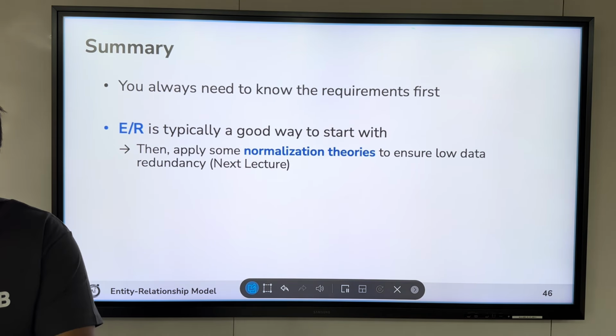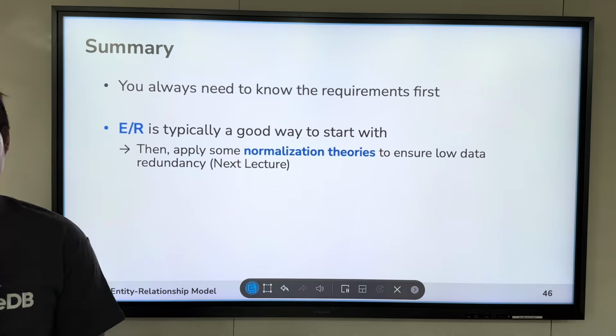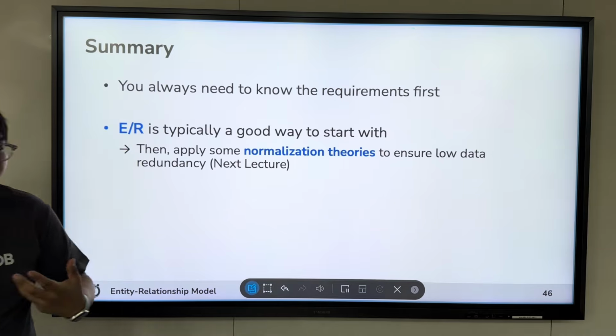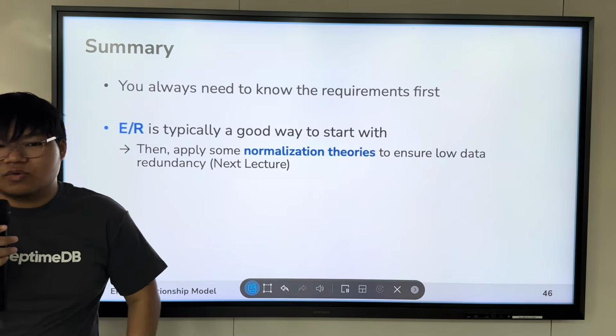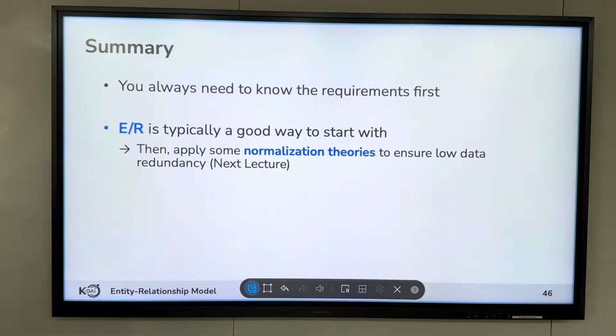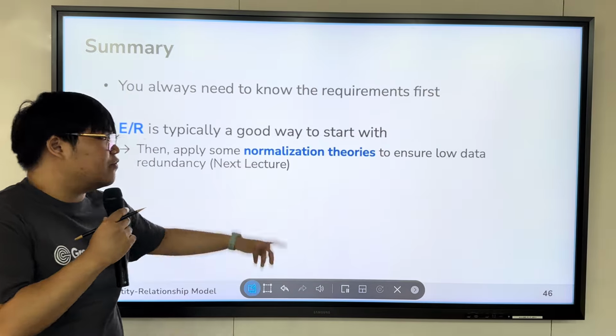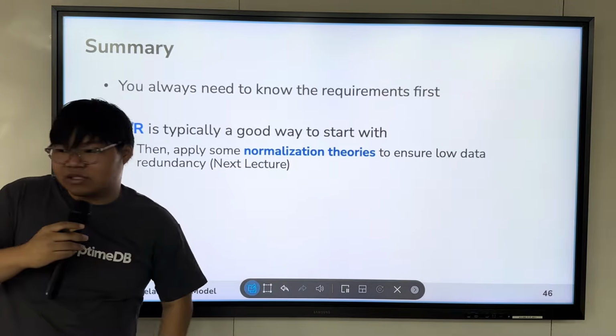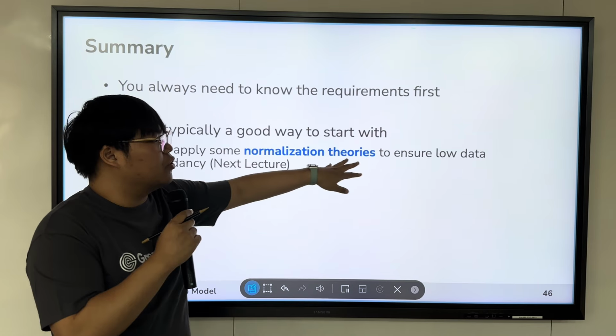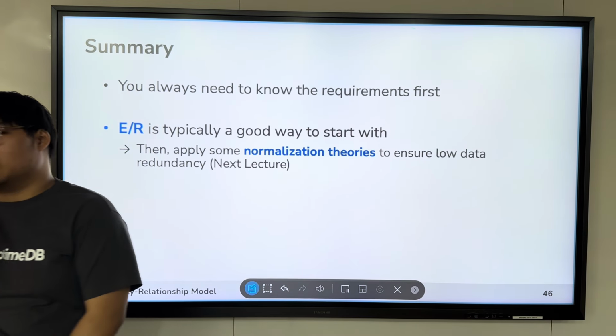Tomorrow, you will get to do it in action. And you will see, okay, this is what you should do, this is what you shouldn't do, right? Then apply normalization theories if there is an opportunity to do so, which we will cover in the next lectures. This will help you ensure low data redundancy, okay?